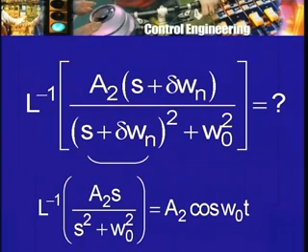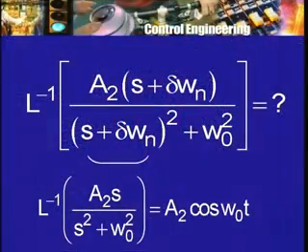So, going back, what will be the function whose Laplace transform is this? I go from the expression a2 s divided by s squared plus omega 0 squared to this expression by replacing s by s plus delta omega n, and therefore the function which I am looking for will be what the Laplace inverse would have been if it was the Laplace inverse of this part, multiplied by an appropriate exponential. And what is that exponential?